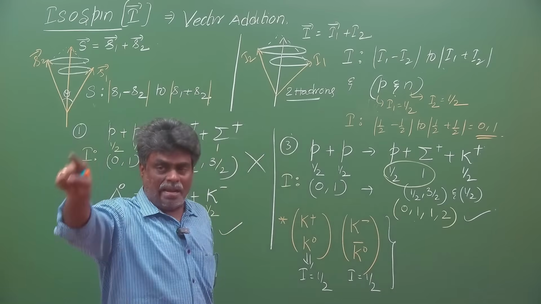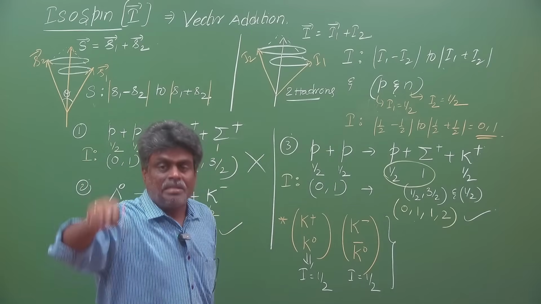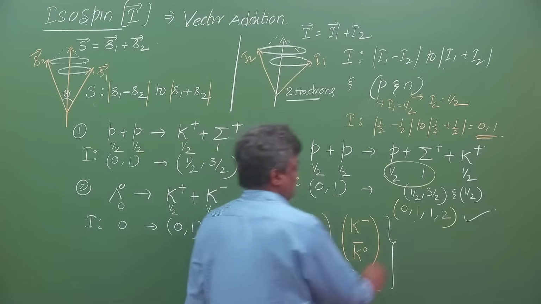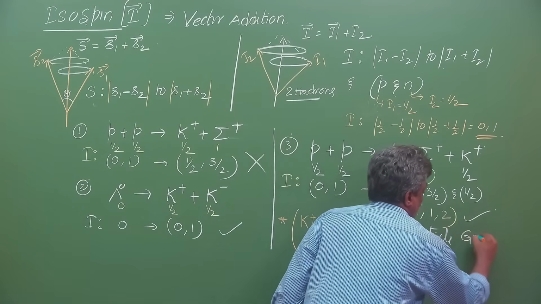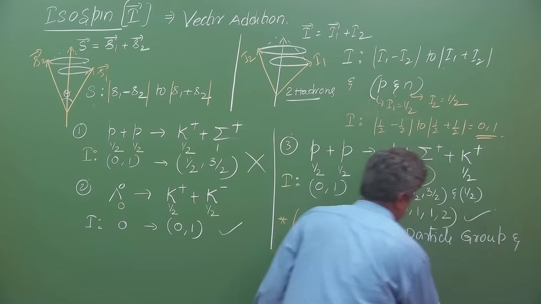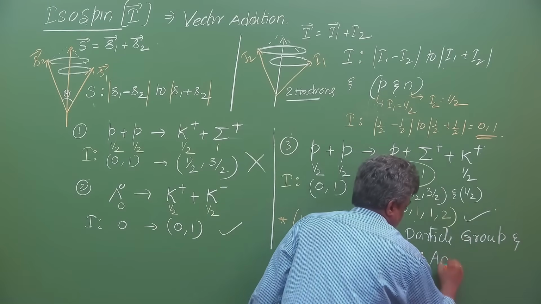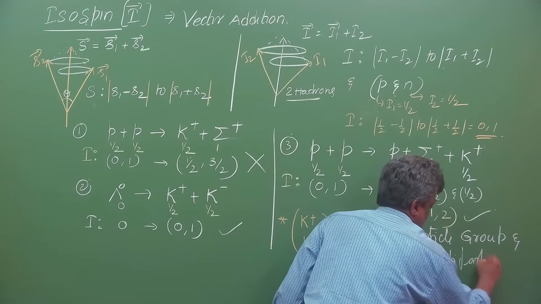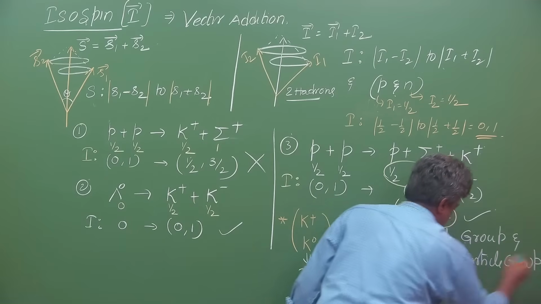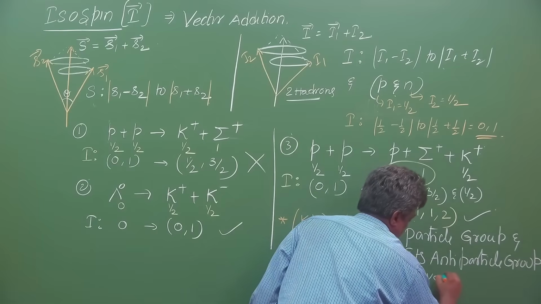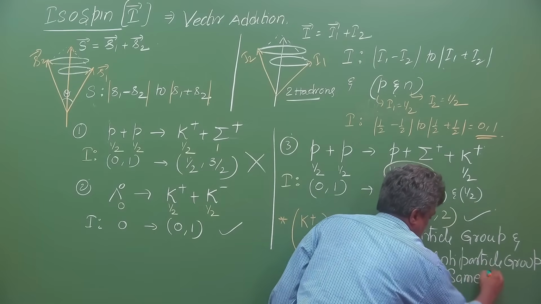Particle and anti-particles have the same isospin. A particle group and its anti-particle group have the same isospin.